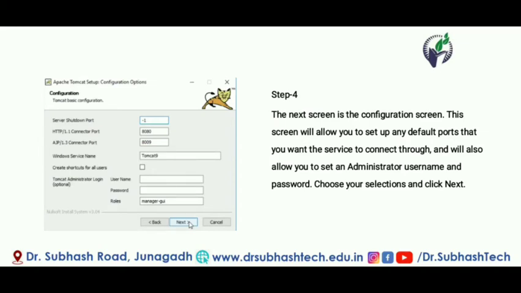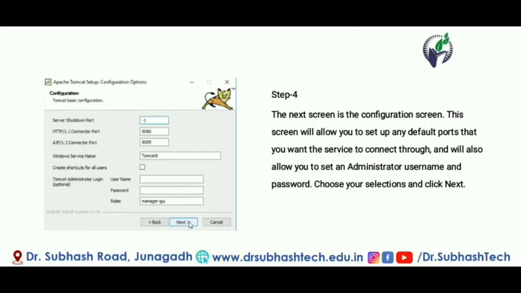When you want to create a shortcut for Tomcat, you can click the checkbox. Then there are the Tomcat administrator login credentials. You don't need to define a username or password; you can just use them when starting and stopping services. Then the roles are defined, with the manager GUI as static.